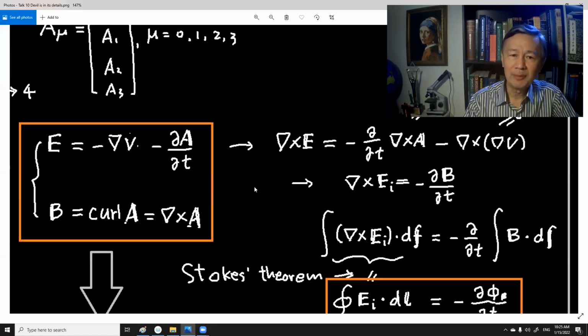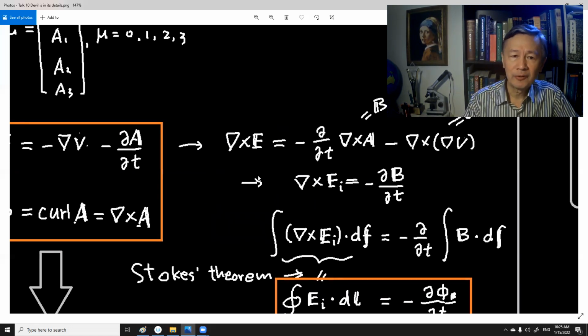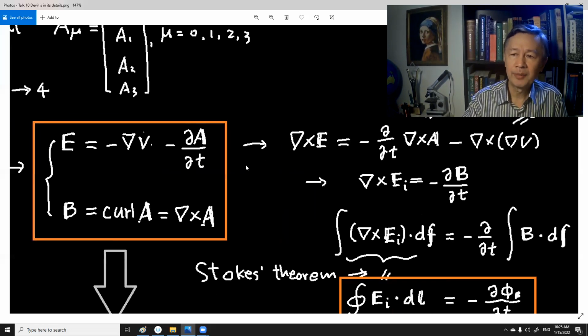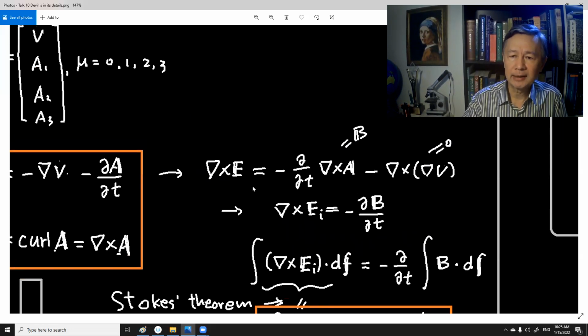How? For example, from the first equation, we take the curl on both sides of equation 1, and then we obtain two terms. The first term, by definition, the curl of A, is exactly the magnetic field.